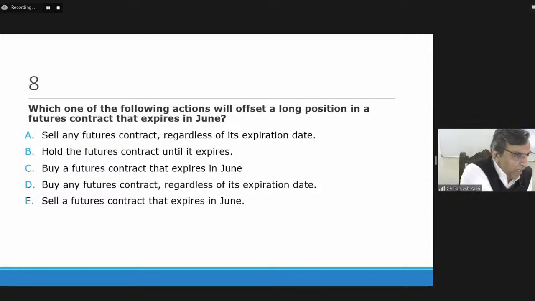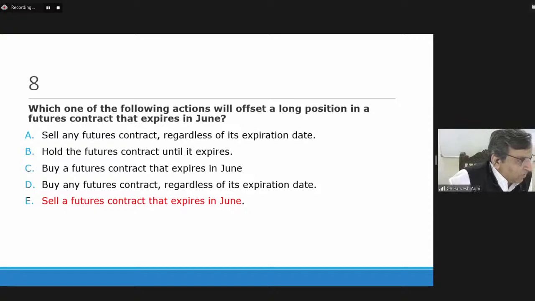I am expecting some answers to come quickly. The answer is basically sell a futures contract that expires in June.